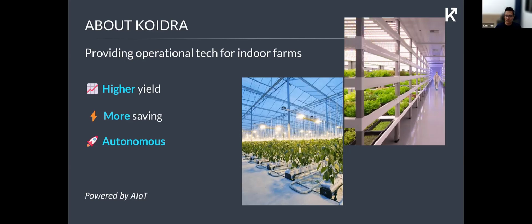So our focus is on making intelligent digital decisions to help indoor farms and also other kinds of factories to have higher yield, higher productivity, more savings, and more autonomous, more scalable. And the core of our technology is so-called AIoT, which is the intersection of AI and IoT.